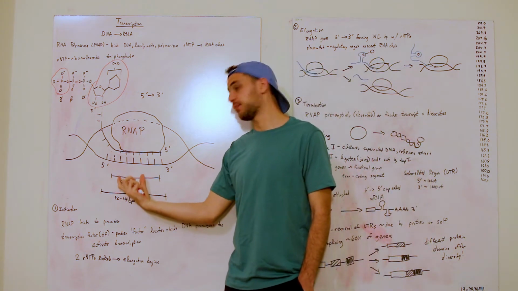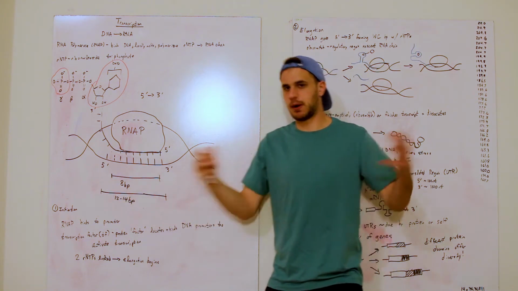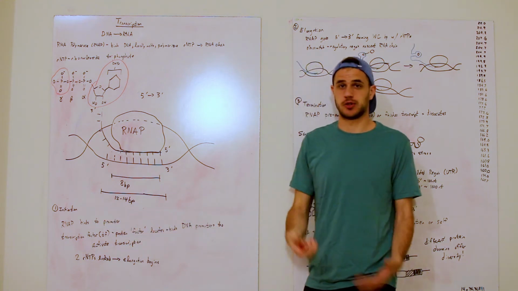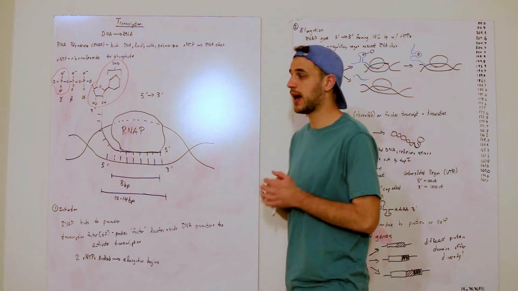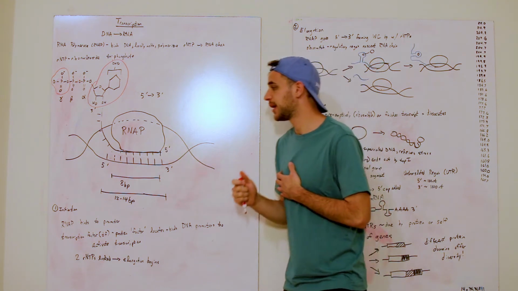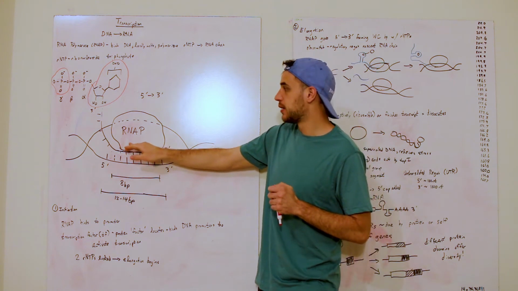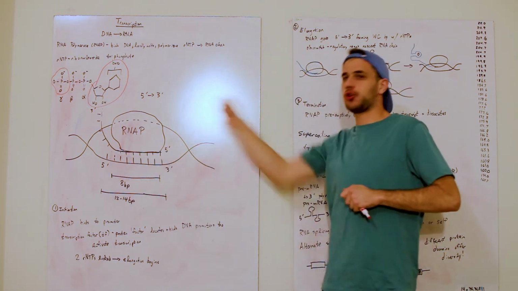So it locally binds to 8 base pairs, but this bubble, the locally melted DNA, is 12 to 14 base pairs long, depending on what point in the sequence and what polymerase you have.